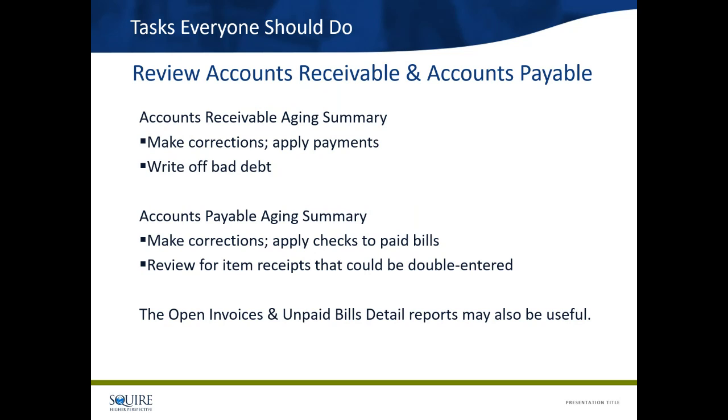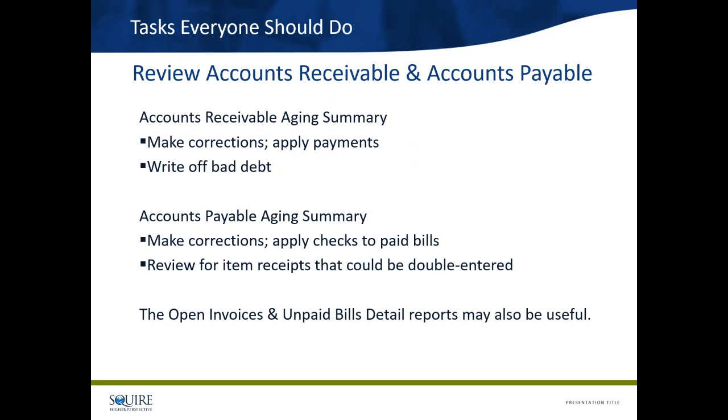So you may have some cleanup to do there as well. And if you see old amounts on there that you say, you know, this is 3 cents, I'm certainly not going to write this person a check for 3 cents. They haven't been a customer for 4 years. This has just been hanging on here. Then you can make some adjustments to that.